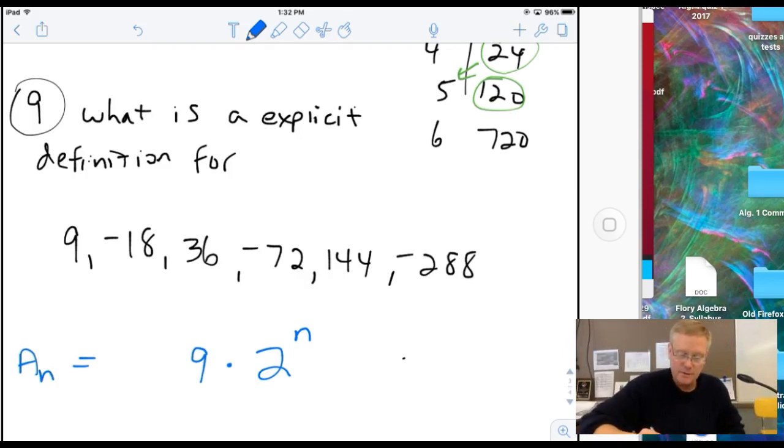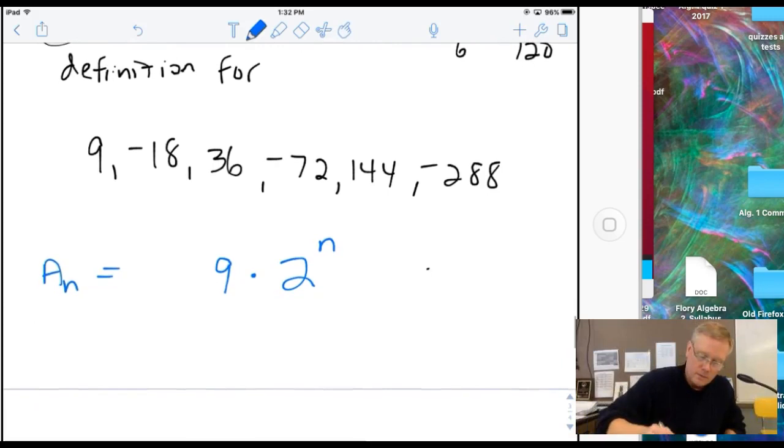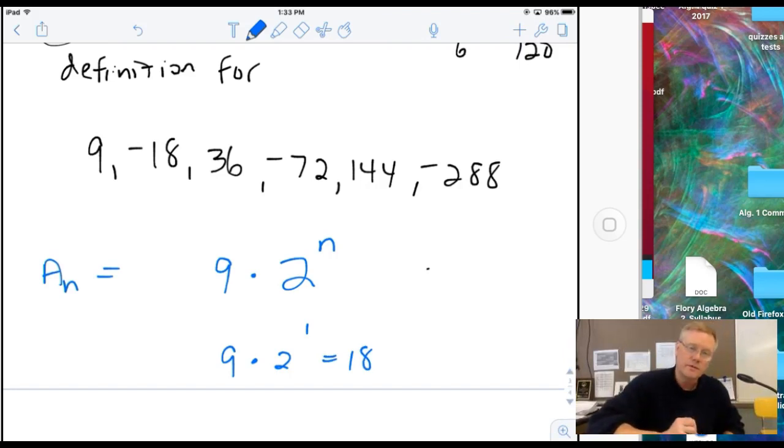Now, the first thing is if I plug in 1, remember the first number, when you plug in 1, you should get the first number. Now, if I plug in 1 for n right now, 9 times 2 is actually 18. So I got the second number in the sequence instead of the first number. And if I plugged in 2, I get 4 times 9 is 36.